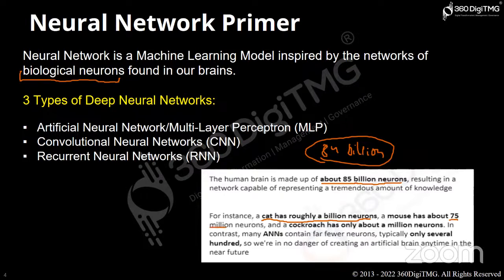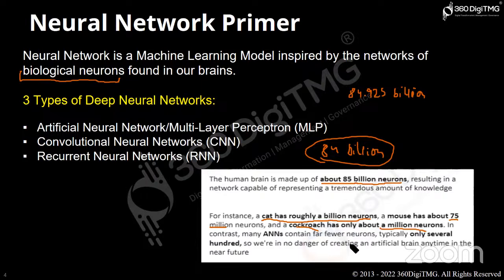The difference is what? 84.925 billion. Again, a mouse is a lot less smart than a cat. And a cat is a lot less smart than a human. And finally, a cockroach only has 1 million neurons.